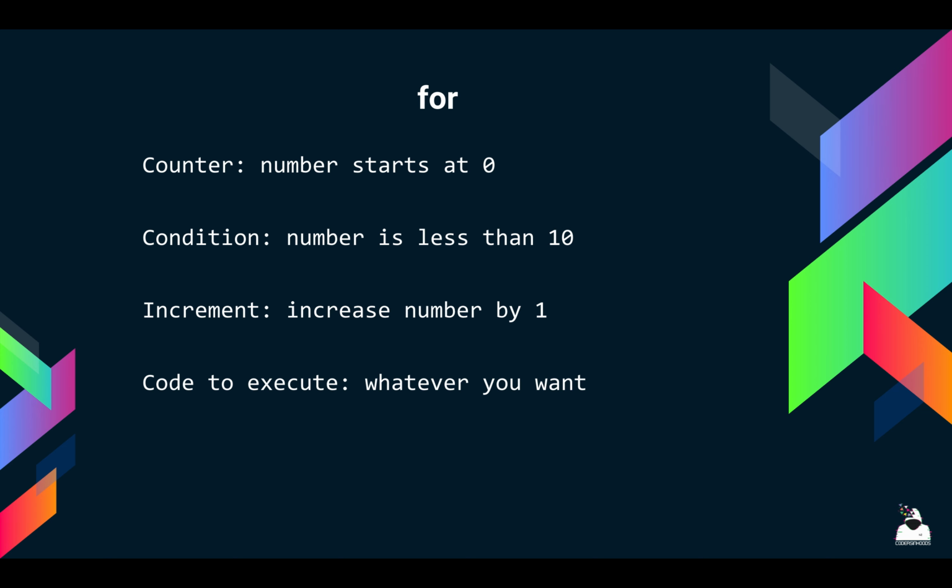So again, it can do whatever you want, but the vast majority of the time it is going to increase our counter by 1. Then finally we have the code that we want to execute every time.